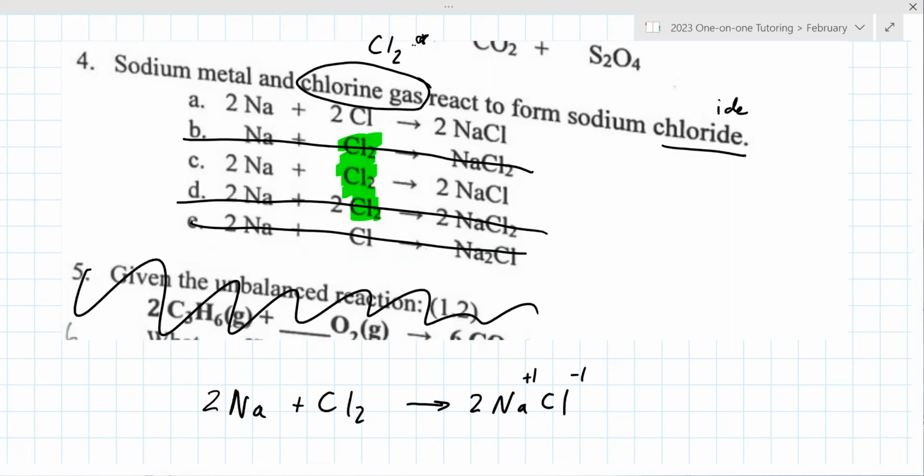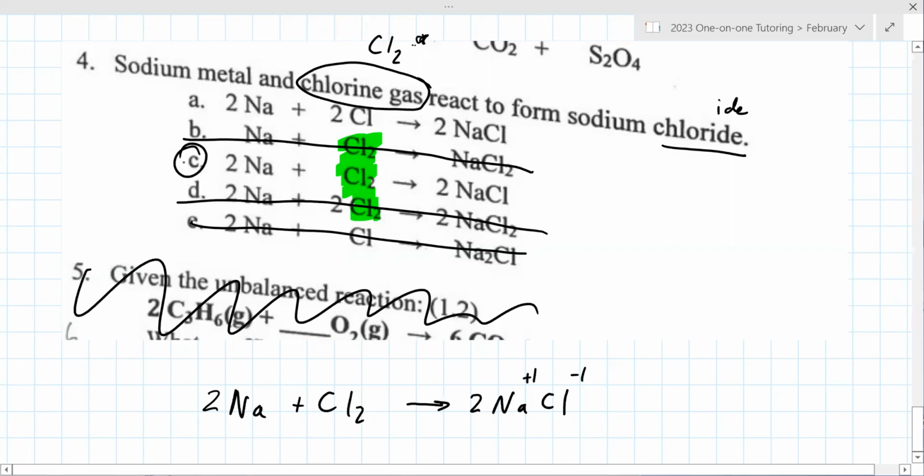So you just put a two in front of the NaCl on the right. That turns into two Na and two Cl on the right. And then on the left, you just put a two in front of the Na. So 2 Na plus Cl2 goes to 2 NaCl, which is the right answer, which should be C. Yes.